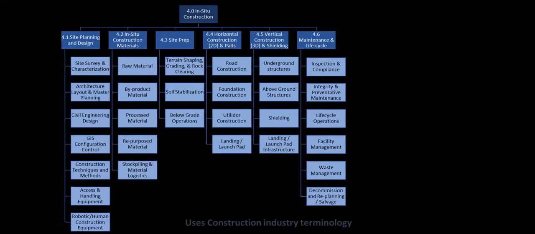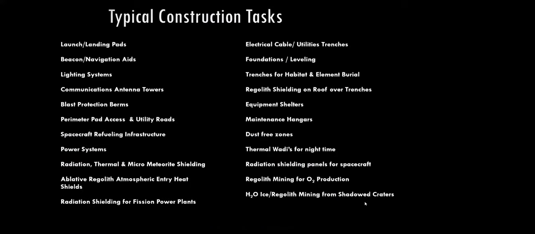And if we have a solicitation or some kind of internal funding, then this is one way of organizing it. But I think it's useful, and I hope it's useful to the community, because now we can start to talk to each other in the same framework. And I think communication is a big part of this. Typical construction tasks are listed here, but you'll see there's a lot of infrastructure that needs to be built.